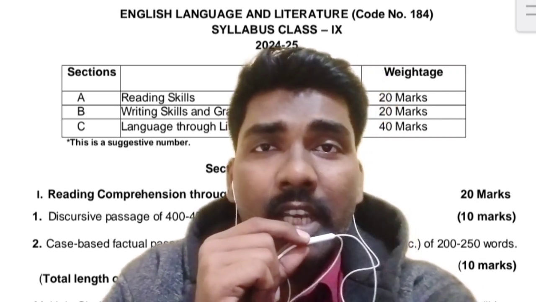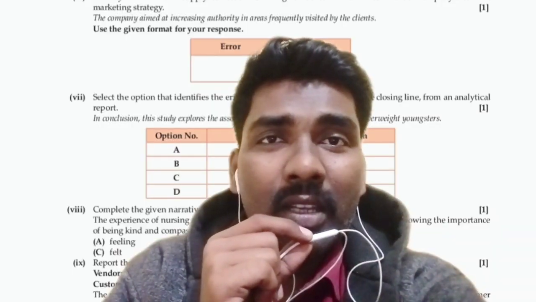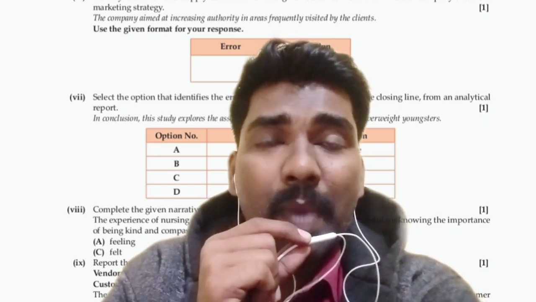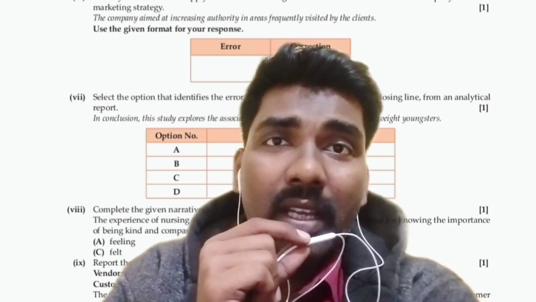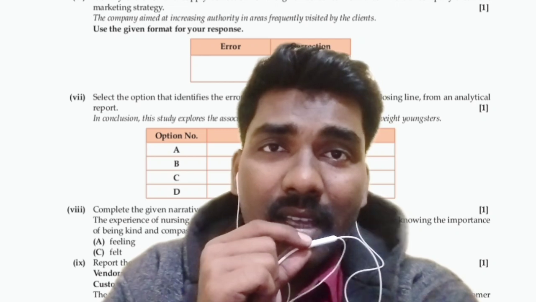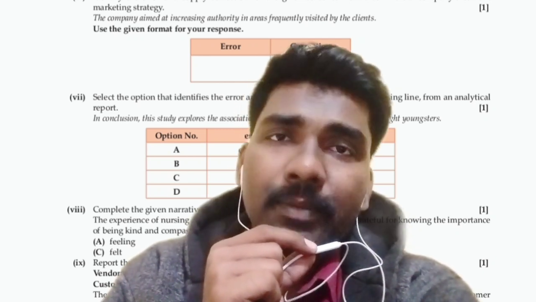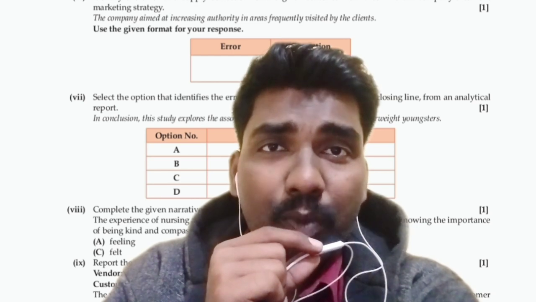We know there is no passive voice question for class 10th, but passive voice will be asked in error and correction. A sentence will be given where the verb form might be in passive, and that might be an error that you have to correct. So passive voice structures are also important. Subject and verb is important.